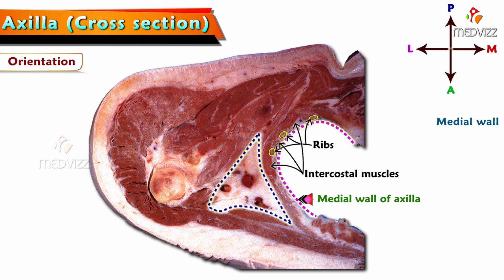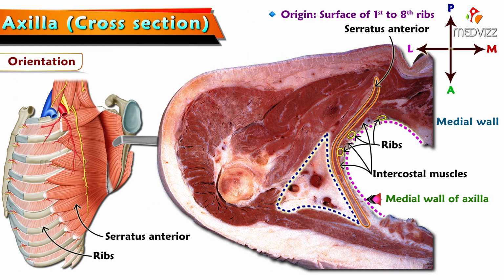We can also appreciate the serratus anterior muscle, which is along the ribs, gaining its origin. The serratus anterior originates on the surface of the first to eighth ribs at the side of the chest and inserts along the entire length of the costal surface of the medial border of the scapula.